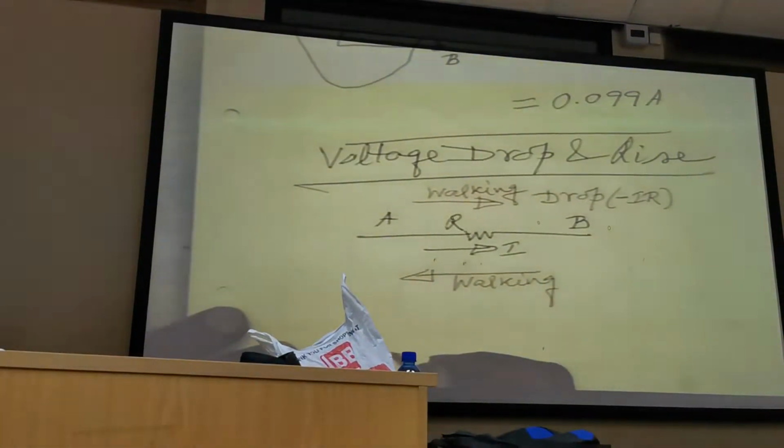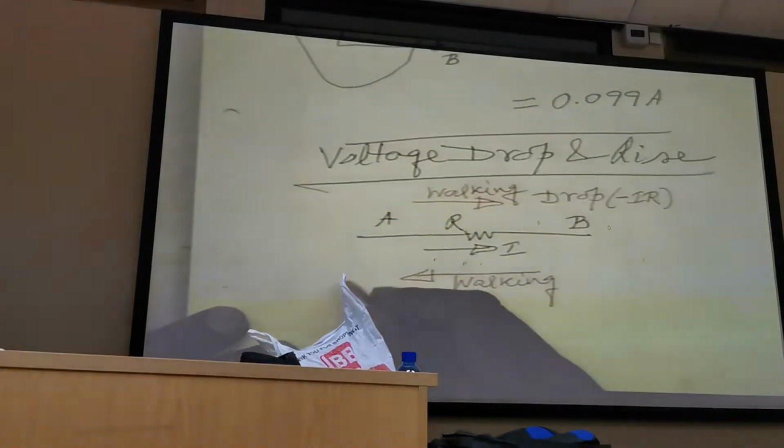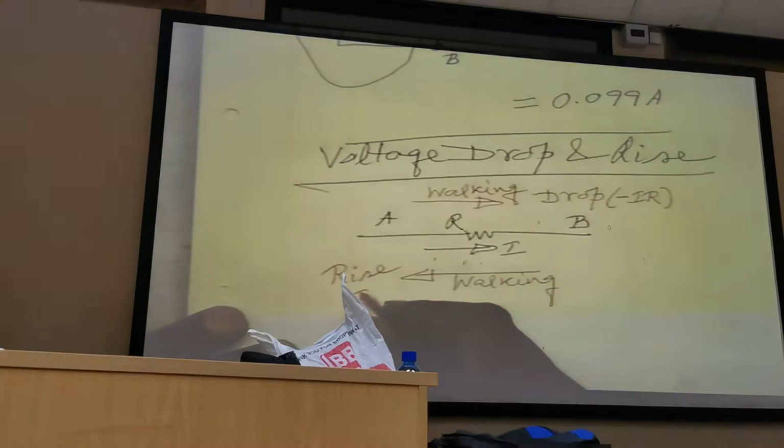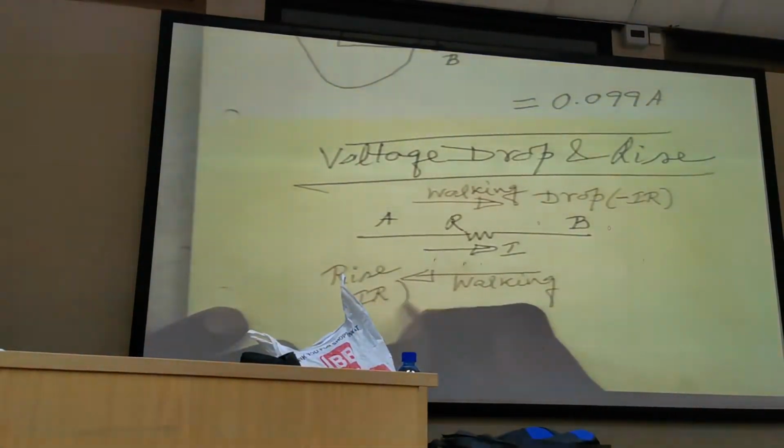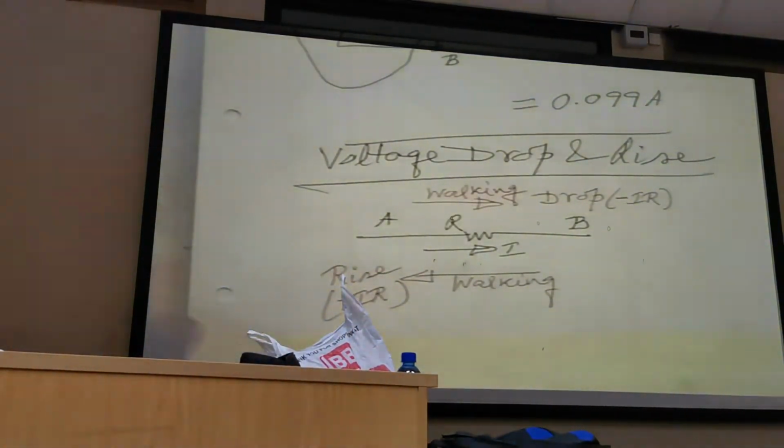That one would be against the direction of the current, that is rise. Okay? That is IR, more voltage, and this one would be positive. Clear? So this is all about the voltage drop and rise.